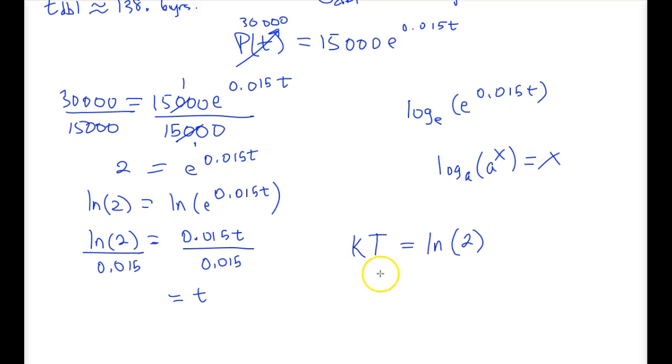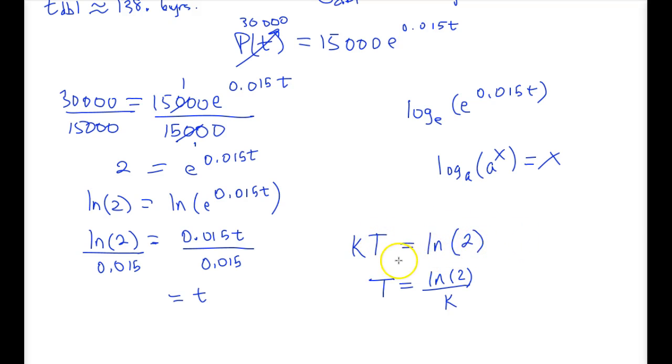If we are going to double our money, then the interest rate times the time is always going to equal natural log of 2. What that means is that if I wanted to figure out the doubling time, it's always going to be natural log of 2 divided by whatever the interest rate is. And similarly, if I wanted to figure out what the interest rate was, I would take natural log of 2 and divide it by the time.